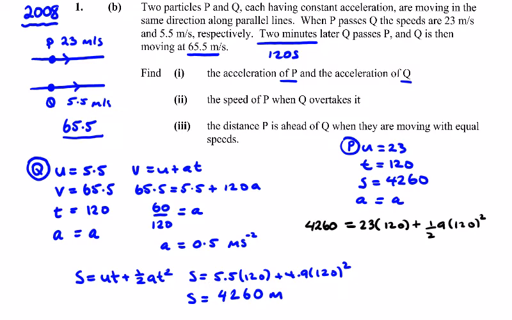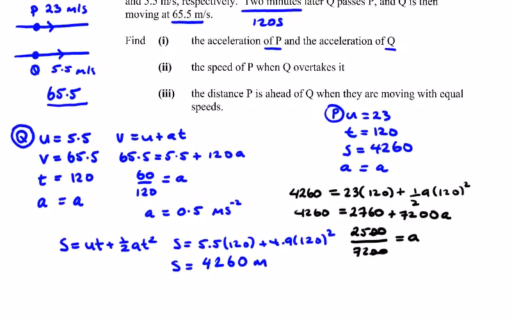So what do these work out to be? 23 by 120 is 2760, and 120 squared is 14400, and divide that by 2, I'm going to get 7200 times A. So we're going to get 4260 minus 2760, which is 1500, divided by 7200 is equal to A, and this is for P.